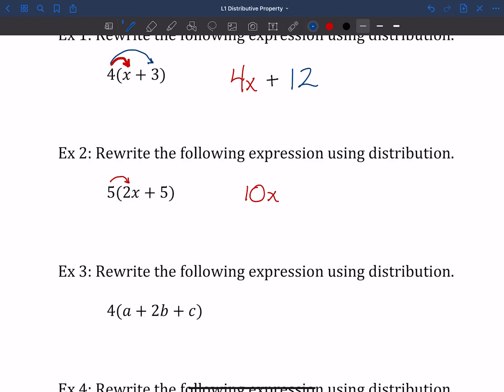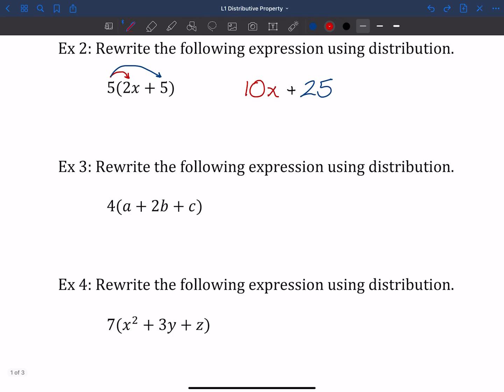Nothing got rid of it. It's still going to be there. The other piece is just going to be 5 times 5, which is 25. Because we had a number here and a number there, a 5 and a 2, we could multiply those together. That's where we got that 10 from.